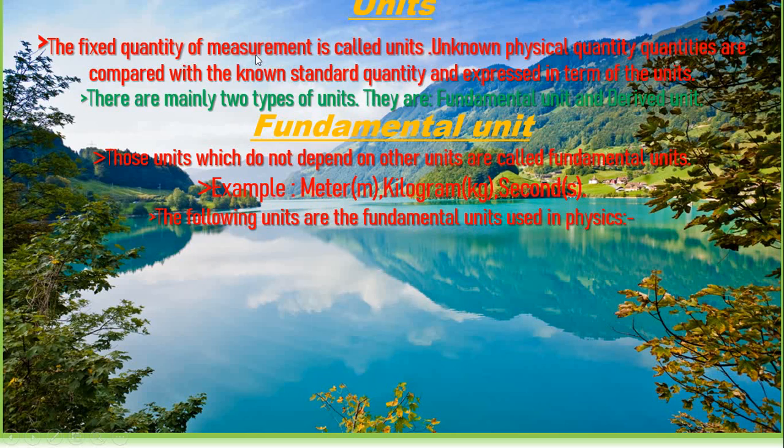There are mainly two types of units: fundamental units and derived units. The main thing to remember here is that quantities and units are two different things. There are two types of quantities and two types of units also. Fundamental quantities and derived quantities, and units also have two types: fundamental units and derived units.